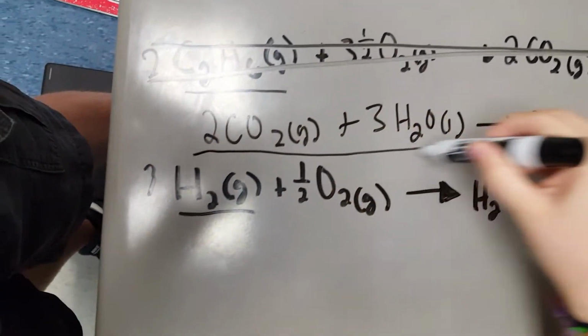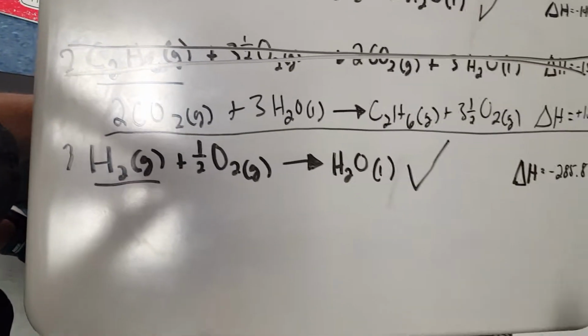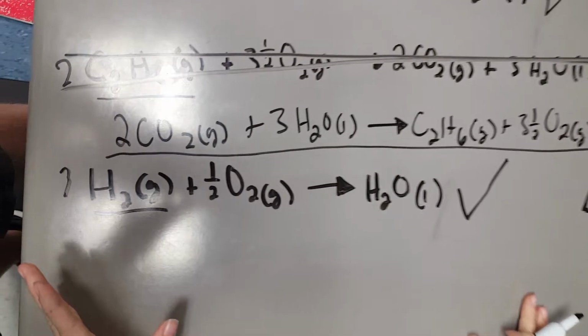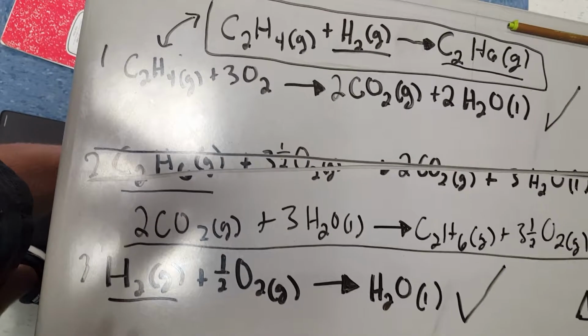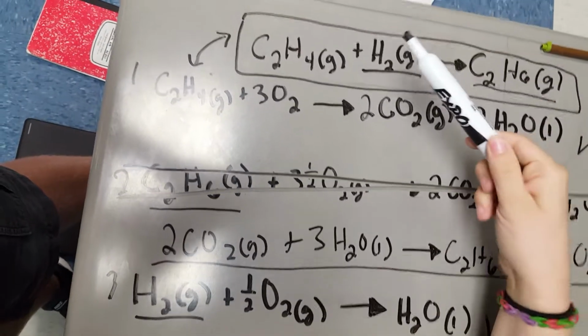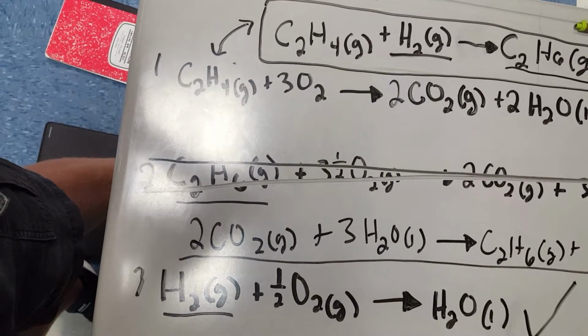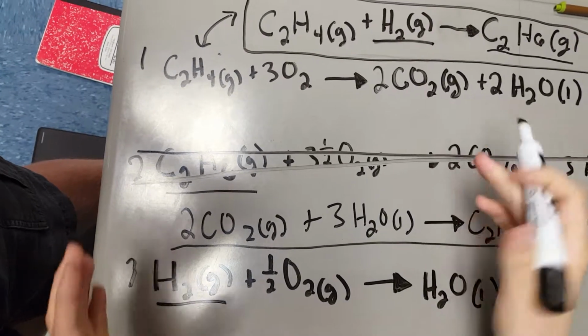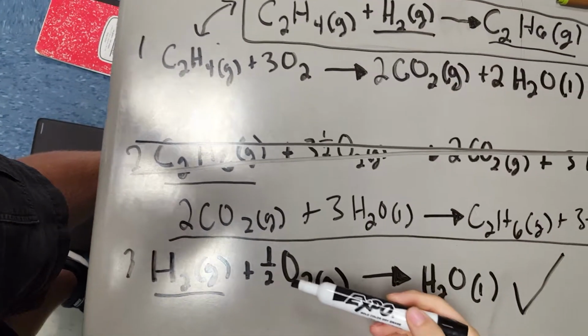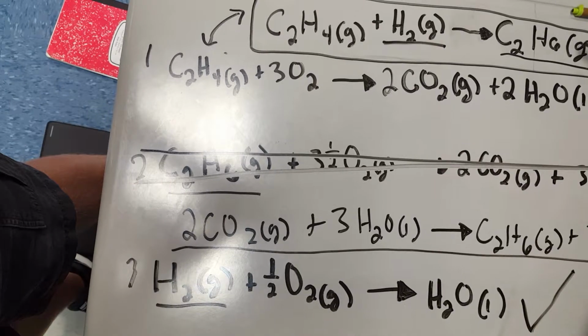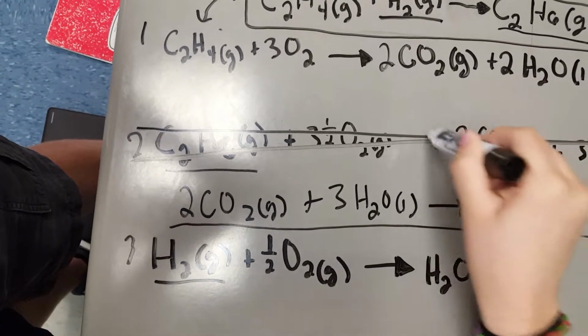This is our good equation now. So next, since all these equations are good and have everything in their proper place, you have to write them all together. You add together all of the reactants that are good and all of the products that are good. You don't use the one that's not good.